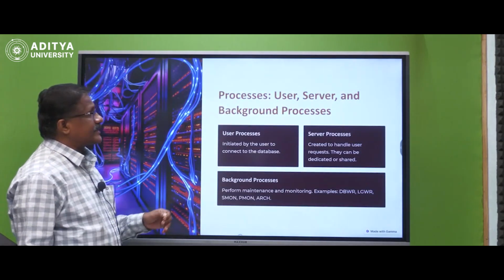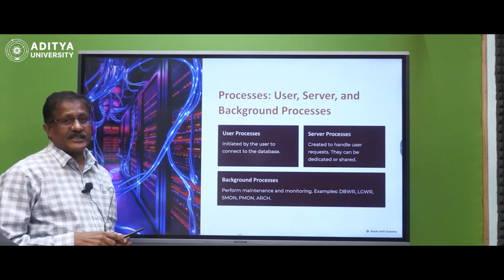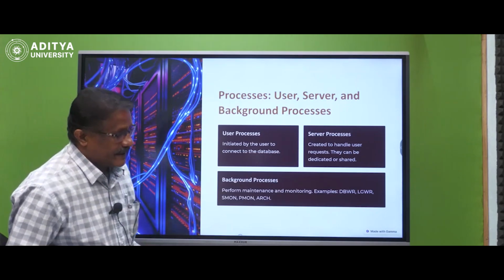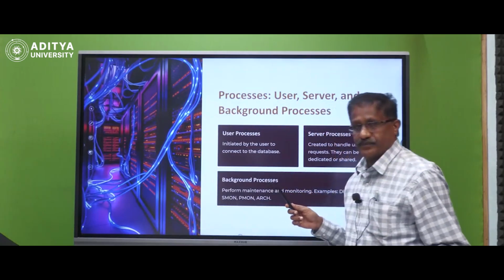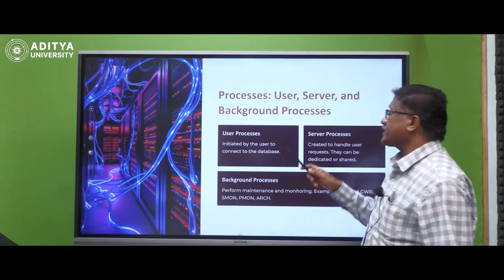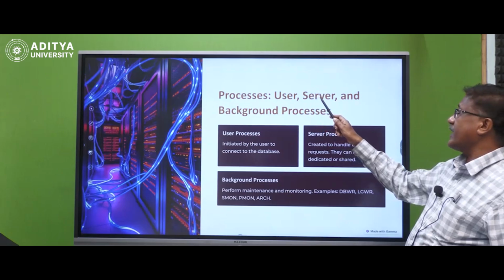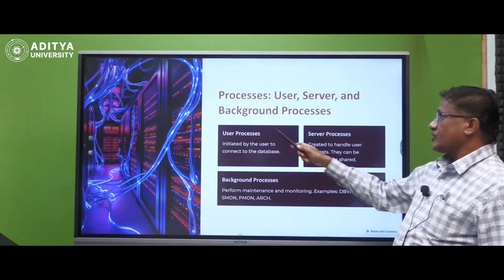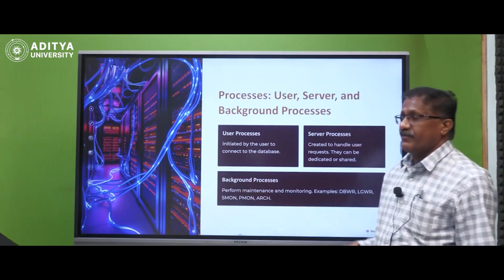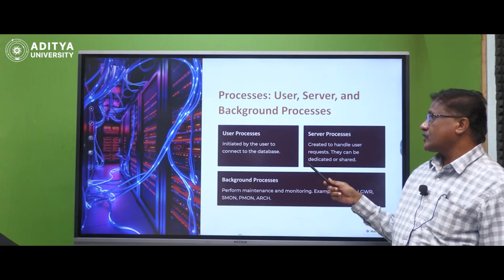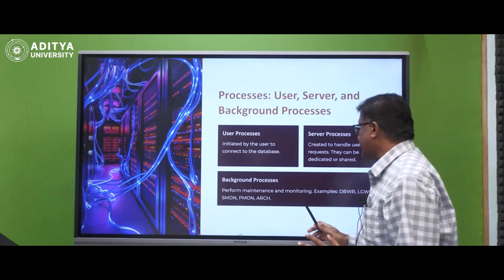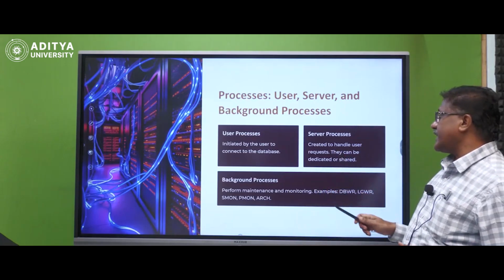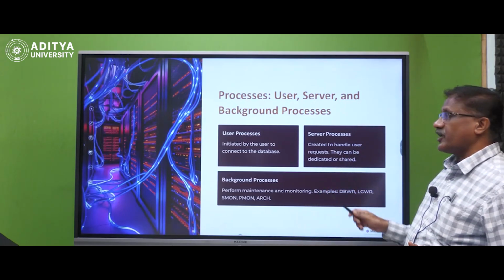Another part is processes. Process is nothing but an activity. It involves user, server and background processes. I repeat once again, processes involve user, server and background processes. User process means every user has to be initiated to connect to the particular database. That is the first process. Second one, server process. It is created to handle the user requests.